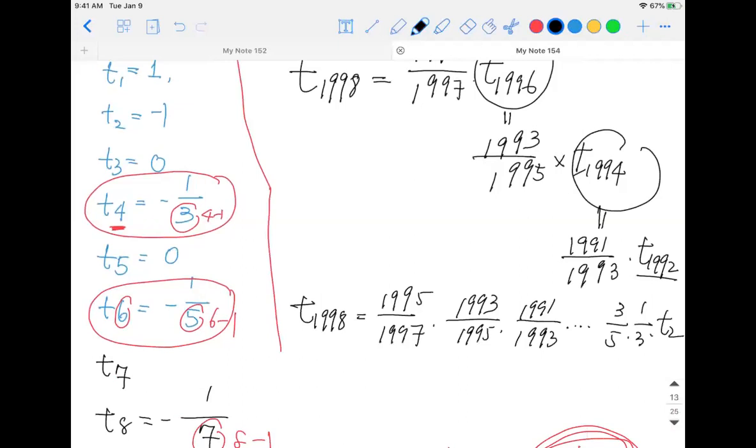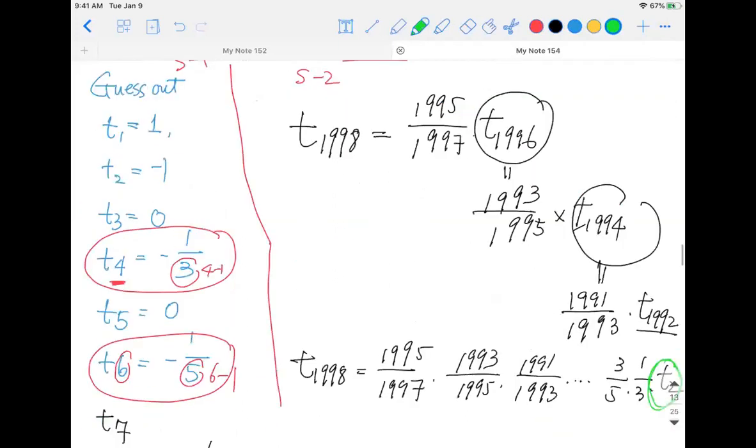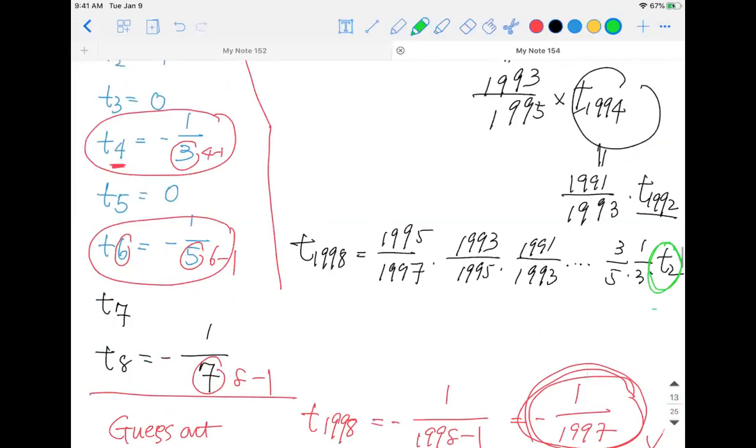T2 is what I know. T2 is minus 1. As you can see, the other terms can be cancelled, all the way, everything can be cancelled.